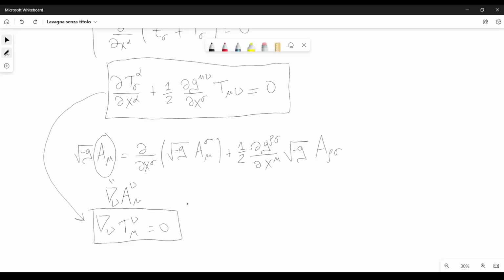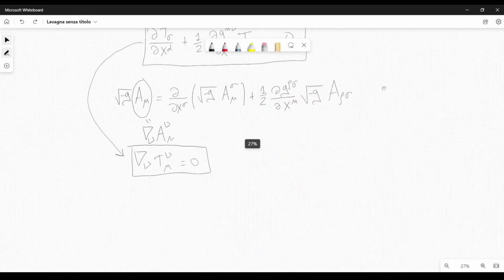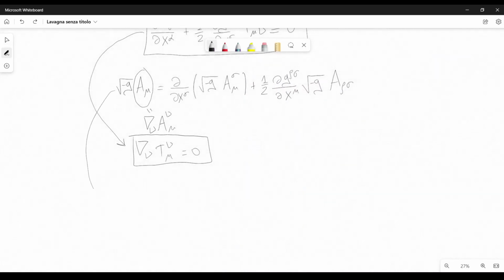And we saw also that this equation can also be written in this form: square root of minus g A_μ equal to the derivative with respect to x^σ of square root of minus g A^σ_μ plus Γ^τ_{σμ} times square root of minus g A^σ_τ.